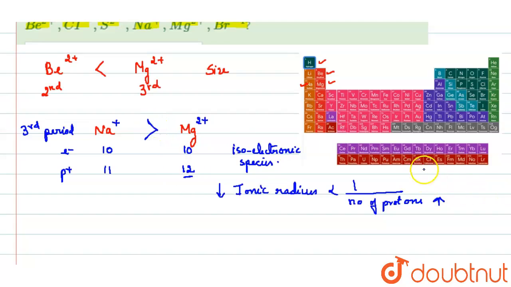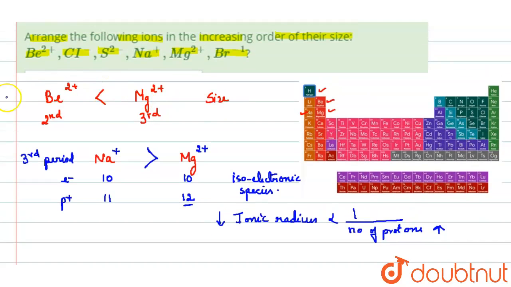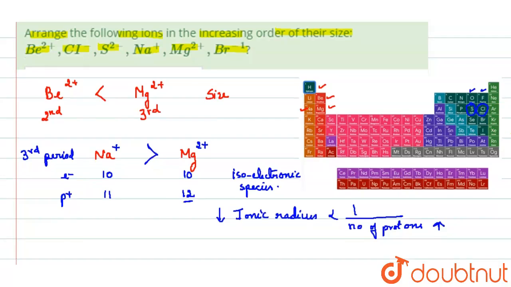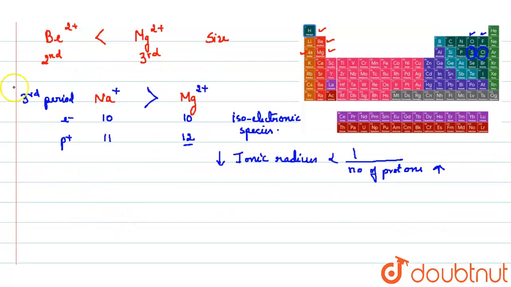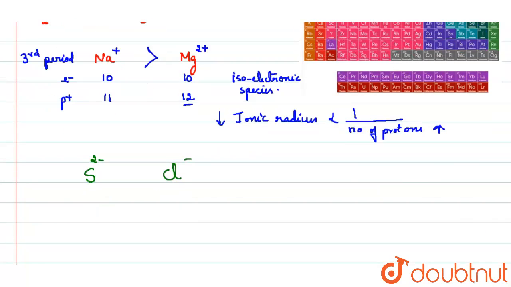So let us go to the next category, where we are talking about chloride and sulfide. They belong to the 16th group and 17th group of the periodic table. Sulfur is S2- and chloride is Cl-, so they get the configuration of argon.